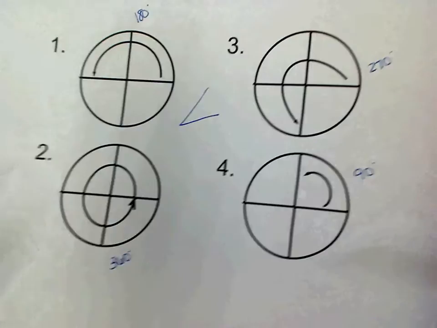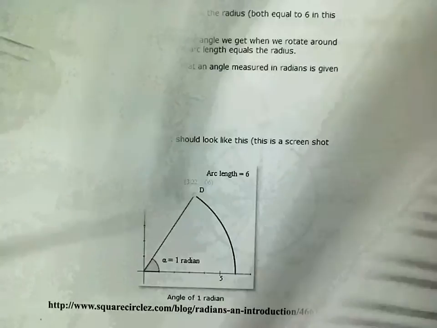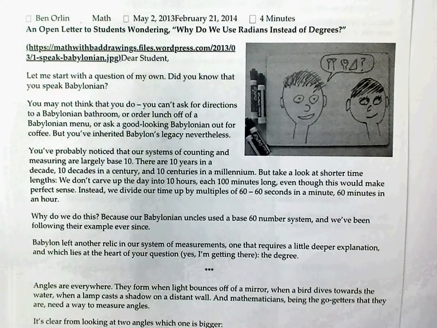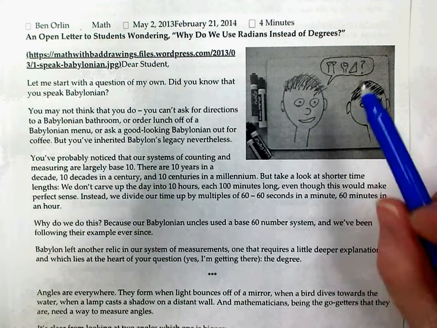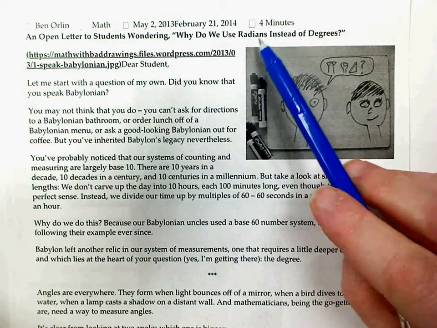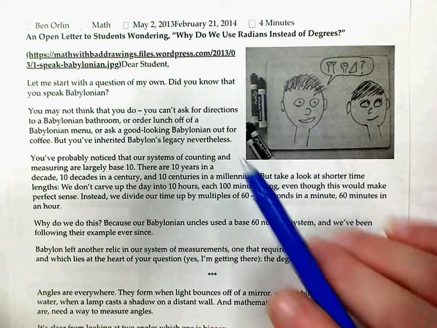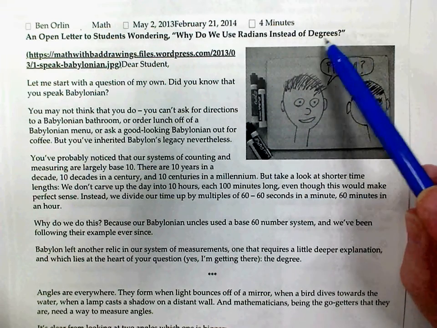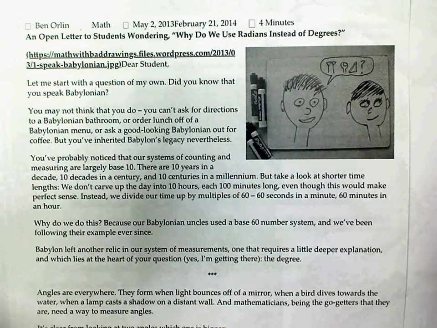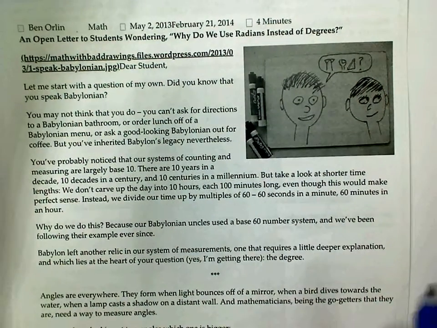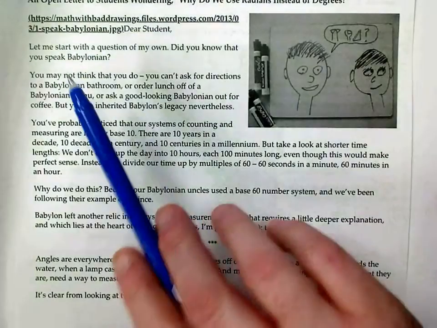So before I introduce you to a radian, I'm going to paraphrase, I'm not going to read to you, but I want to introduce you to why we use radians instead of degrees, because it is a way of measuring angles that you will see in higher math, more so than you will see degrees. So first of all, he has a clever way of introducing this, but he asks you, did you know that you speak Babylonian?